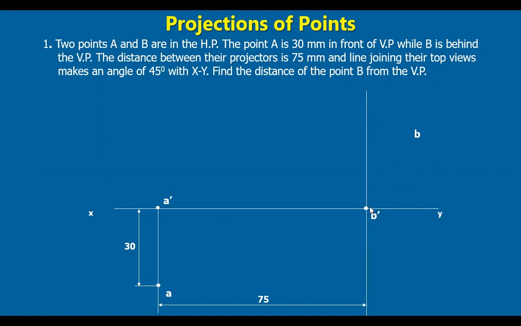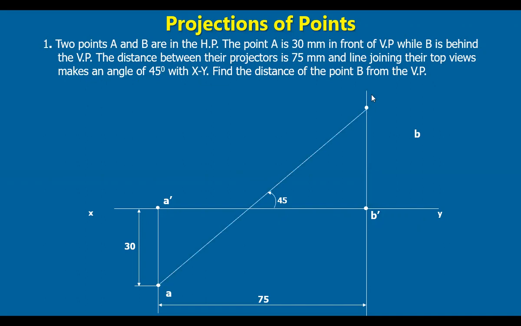Now, B is also lying on this projector and way above the reference line, but we still don't know where it is. The line joining their top views makes an angle of 45 degrees with the reference line. So the top view A is known, B is somewhere here. Joining A, B is making 45 degrees angle with the reference line. So we draw a line from A at 45 degrees angle.